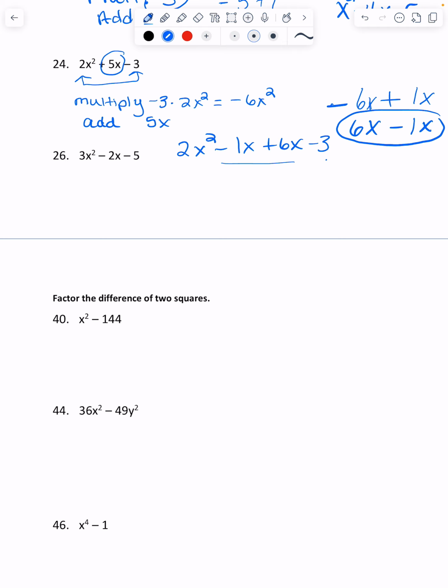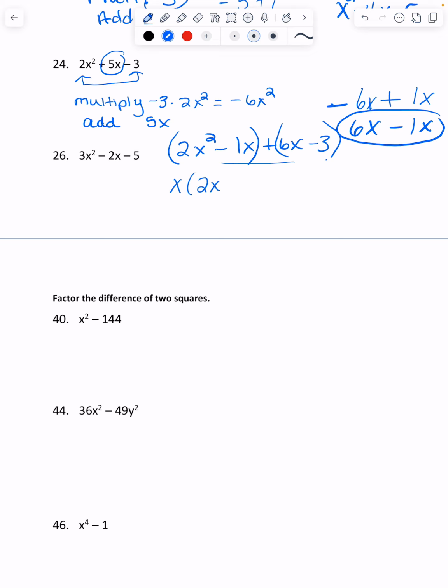So what I've done is I've taken my trinomial and rewritten it into a grouping problem. So I'm going to group the first two and I'm going to group the last two. Here again, because of the way that I wrote it, on that last grouping, I don't have to worry about a negative. I'm going to pull out a GCF, which is x, out of the first two terms.